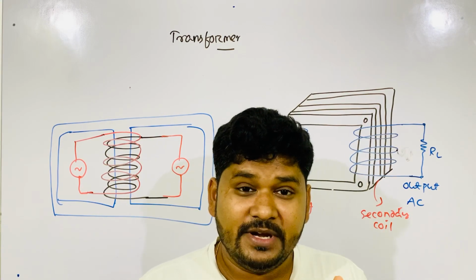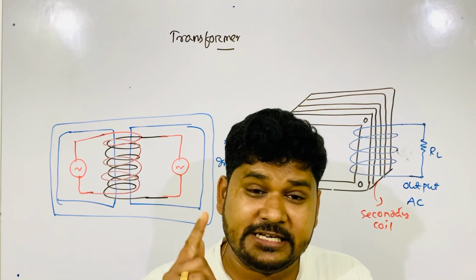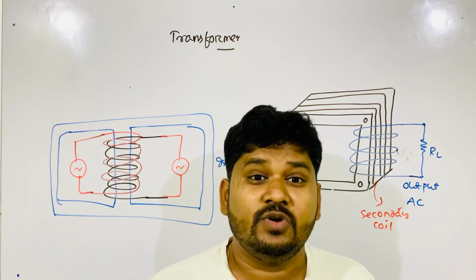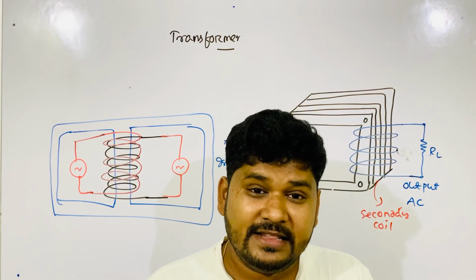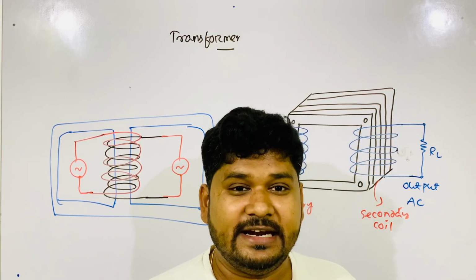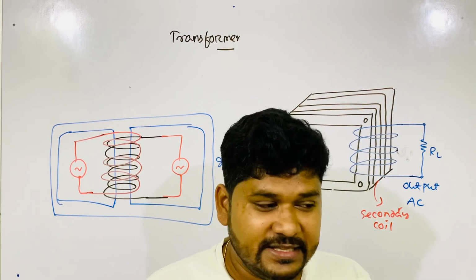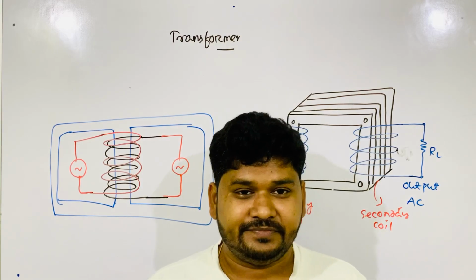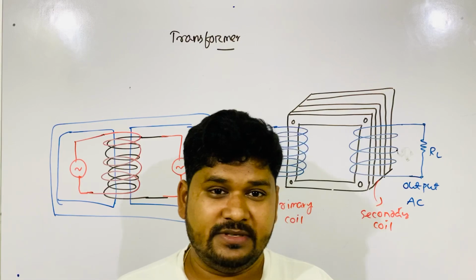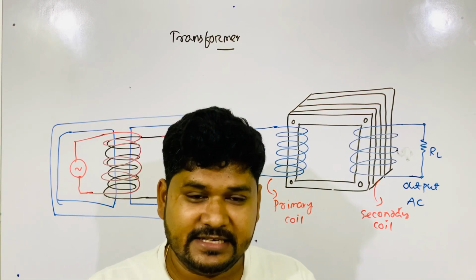In your charger, first the transformer decreases 220 volt to a lower value like 9 volt or 5 volt. Then that 5 volt AC is converted to DC with the help of another device called a rectifier inside your mobile charger. Then that is fed to your mobile phone. So in your mobile charger, the first device is the transformer. The AC is connected to the transformer.